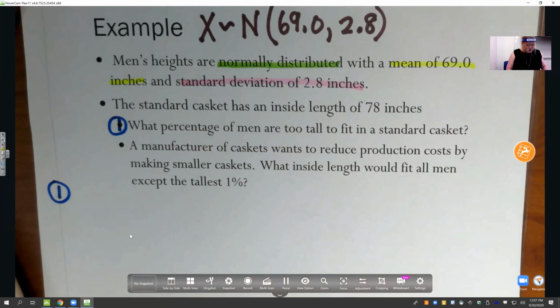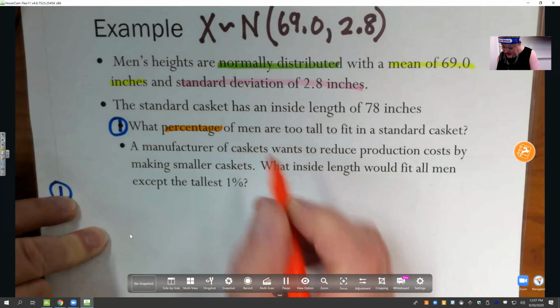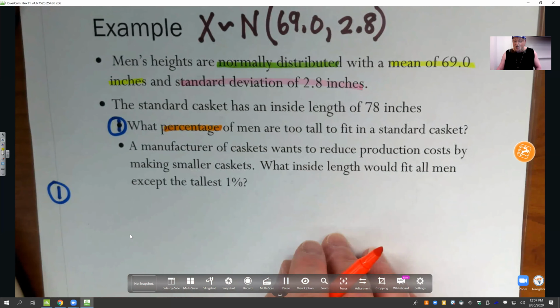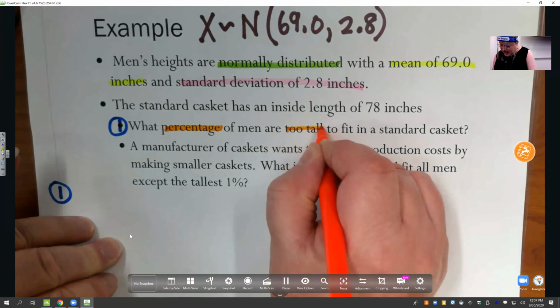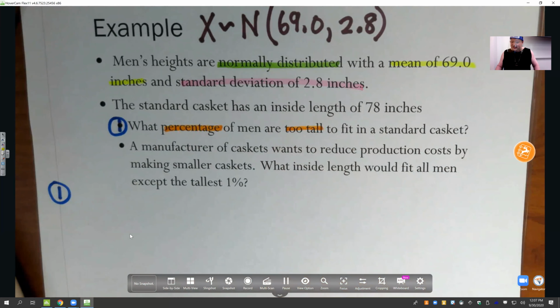Okay, so it says what percentage, another word for probability, are too tall. Now you may have to think about what being too tall means in this context. What would it mean to be too tall in this context?